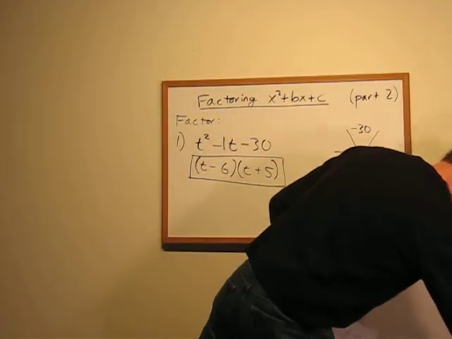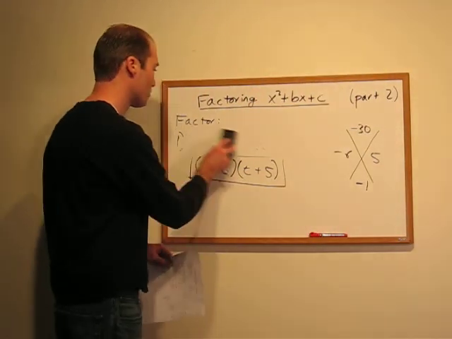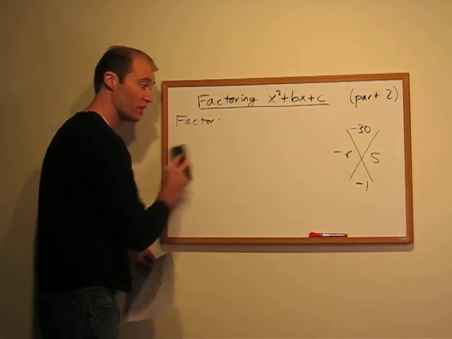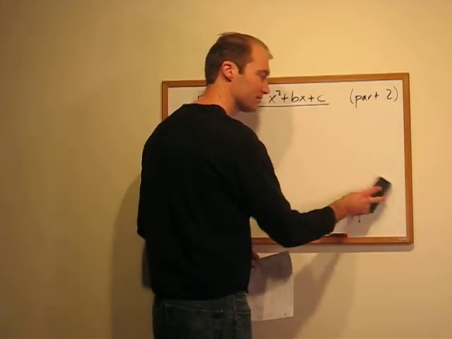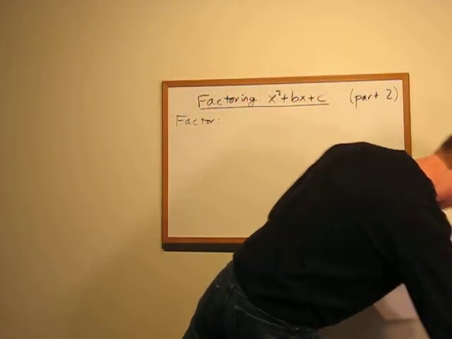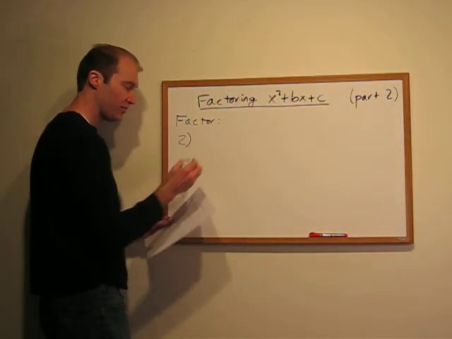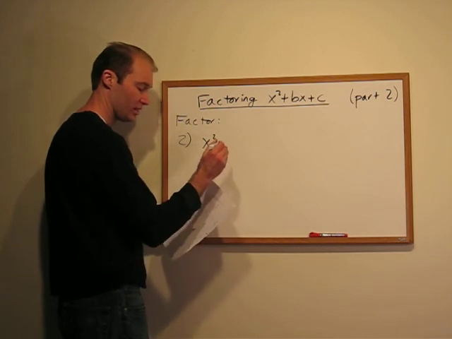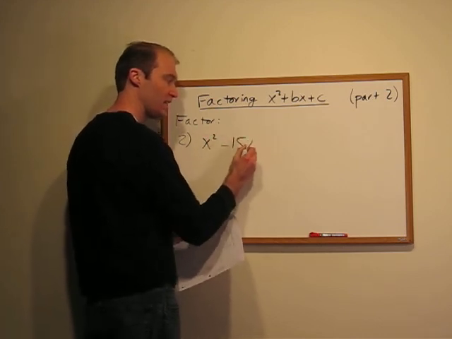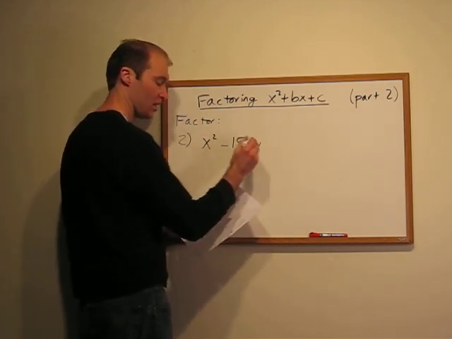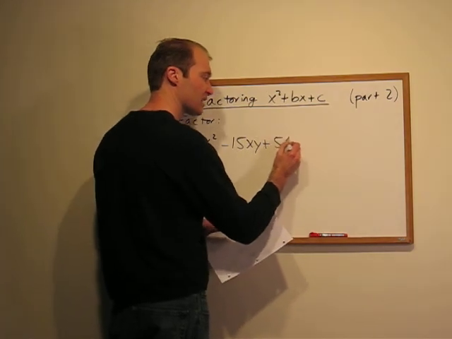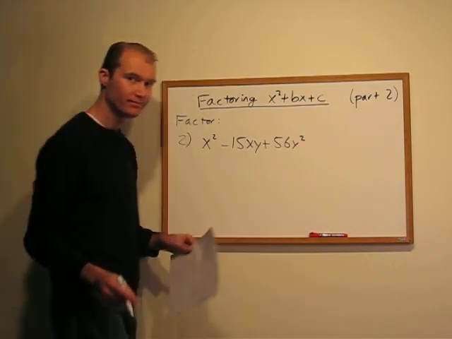Now, some students get a bit confused when it comes to problems like number 2 that I'm going to do. Here's how the problem goes. I'm looking to factor x squared minus 15xy plus 56y squared.